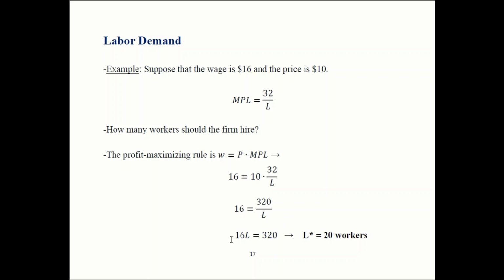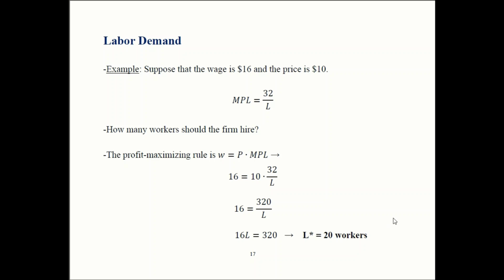That means you'll have 16L equal to 320. Very last step, to isolate, or perhaps I should say in these times to quarantine the L, divide both sides by 16. 320 divided by 16 comes out to 20. So I'll write L star is 20 workers. About notation, remember star is often used to denote optimal. So the optimal number of workers, the profit maximizing number of workers, is 20. That's why I gave it a star.